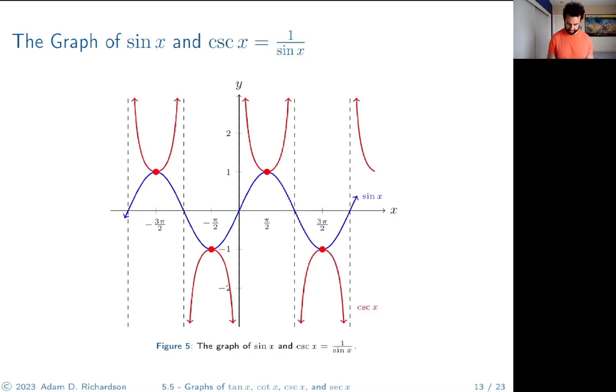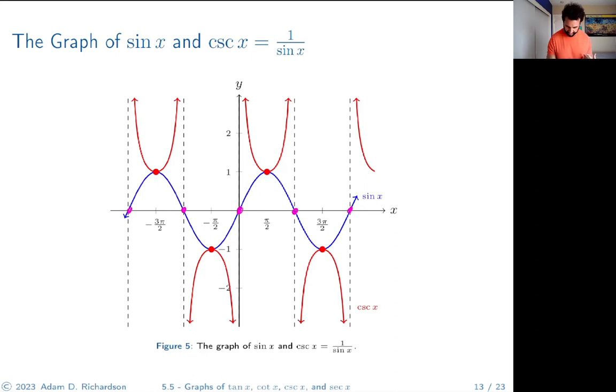Boom, which it does, right? So here's these points. Sine is zero, sine is zero, sine is zero, sine is zero, sine is zero. So that basically means cosecant is going to be infinite, or it's going to have an infinite limit at that point. Now, for the rest of the cosecant graph, you just take the reciprocal of the sine function.